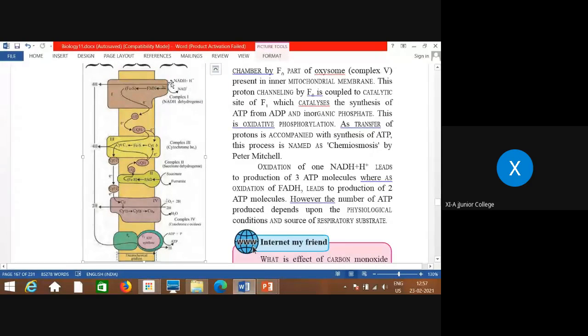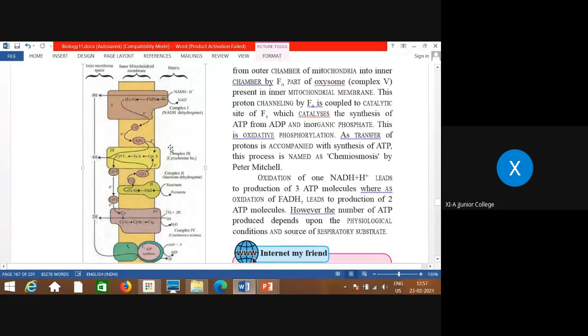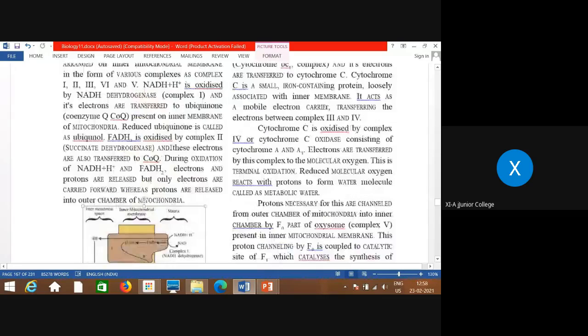When NADH2 is oxidized, this is the first step where the first ATP is generated. The rest two are common in case of FADH2 and NADH2, the same. Okay, so remember this, that in this way there is ATP synthesis taking place, that means phosphorylation taking place. So this is also called oxidative phosphorylation.